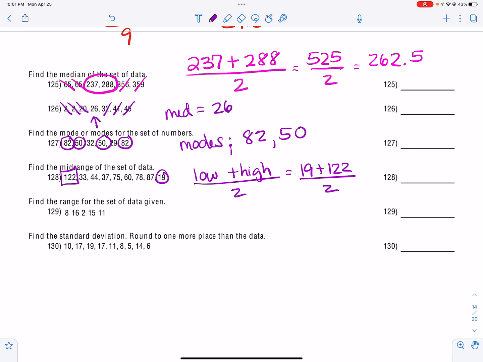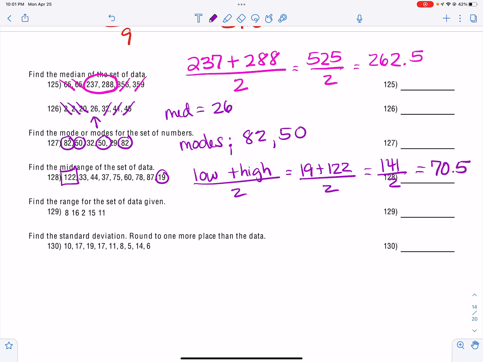And when I add those up, 19 plus 122, I get 141. And when I divide 141 by 2, I get 70.5.